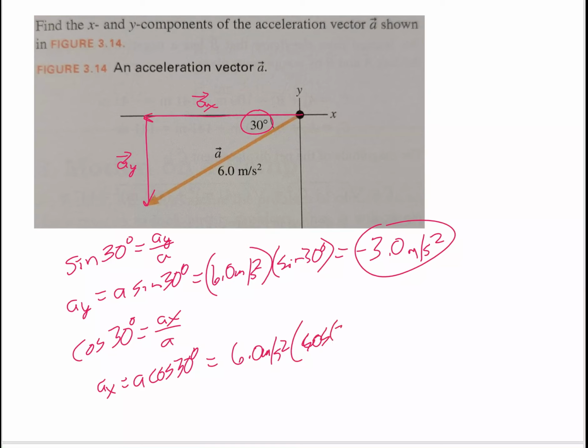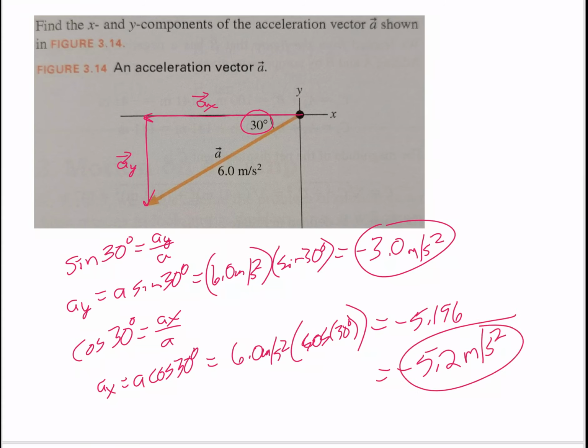That's negative 5.196, but because of significant figures, it'd be negative 5.2 meters per second squared. That's how you do it. It doesn't seem terrible.